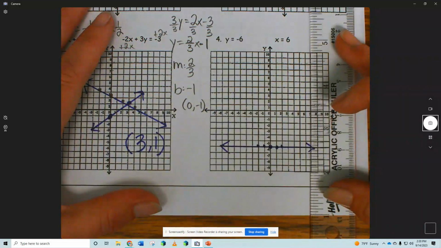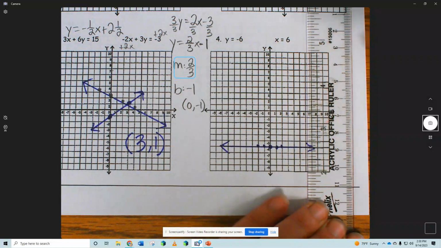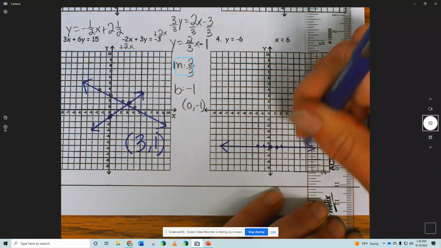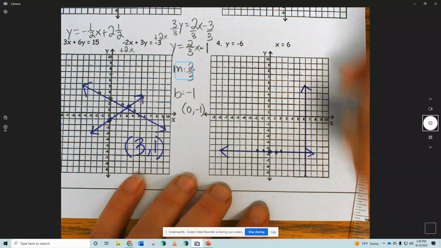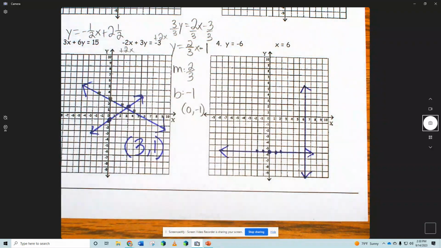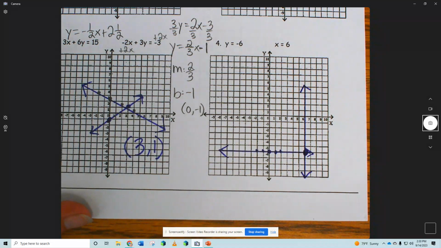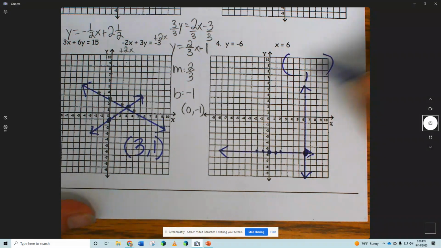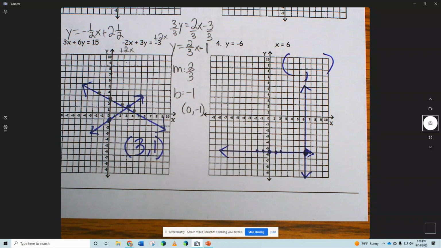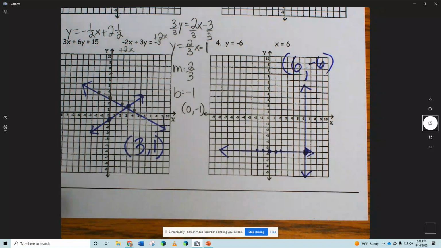It's this line. Okay? Point of intersection, right there. What's the point of intersection? (6, -6). Thank you, sir.